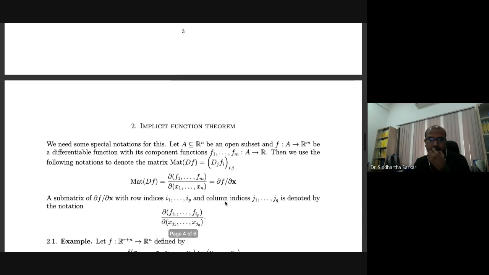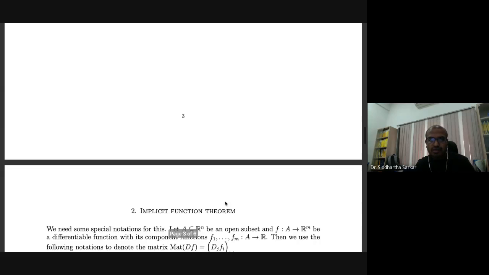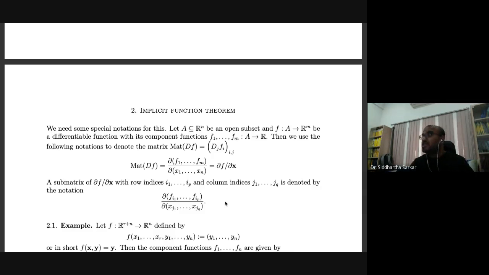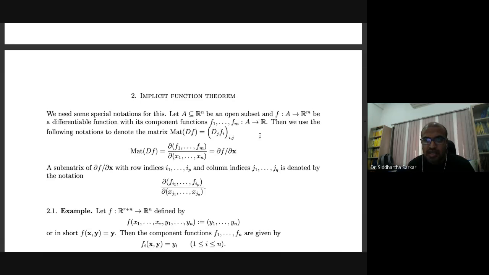Okay, so let's come now to how we use this to prove the implicit function theorem. There is an application of this which we are going to use. So you need some kind of notation. If you have a function from Rn to Rm, or some portion of Rn to Rm, you look at the components, and remember this df is actually a linear map, and I'm trying to write down mat of df as the matrix corresponding to this.